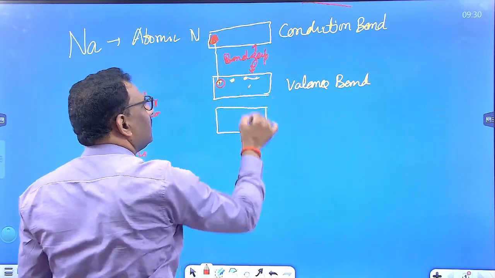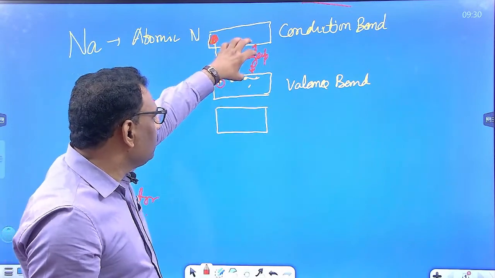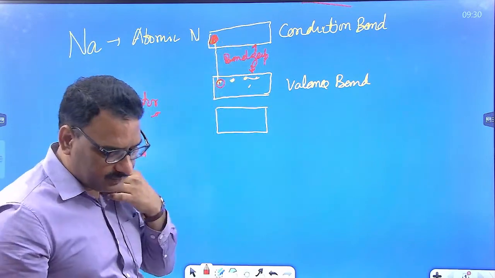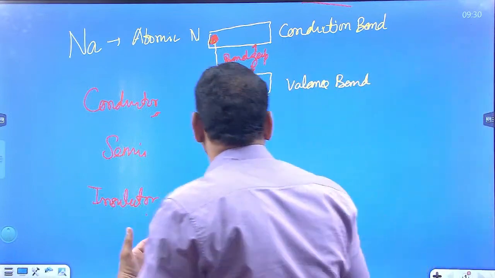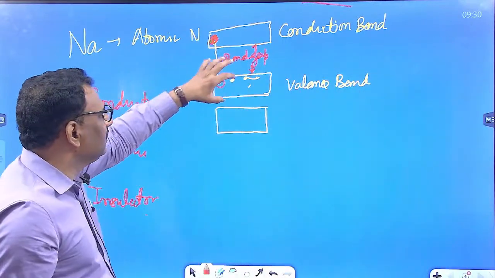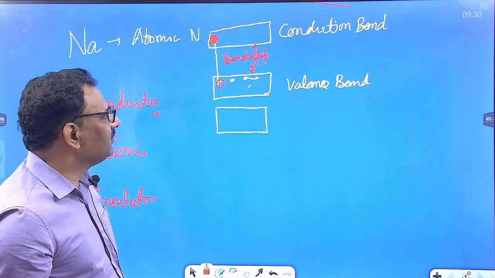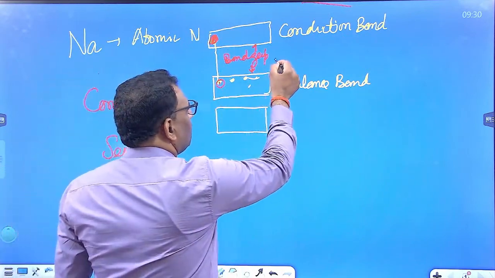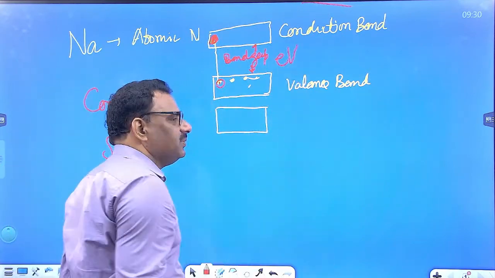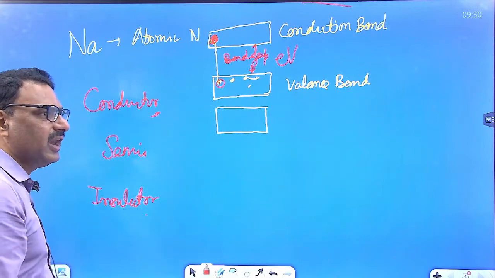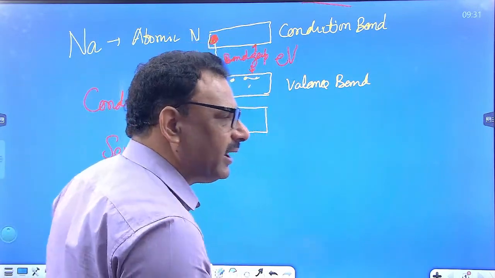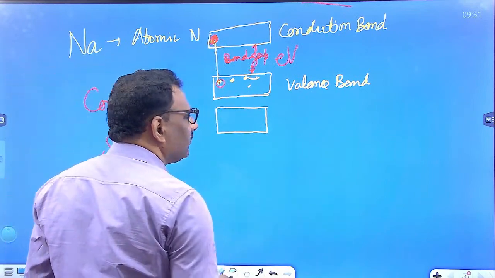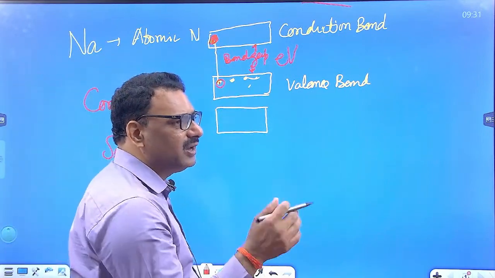So depending on the value of this band gap, the required energy we can define, and this is in electron volt, eV, where e is the electronic charge and V is the external voltage applied to the atom, the external electric field applied to the atom.